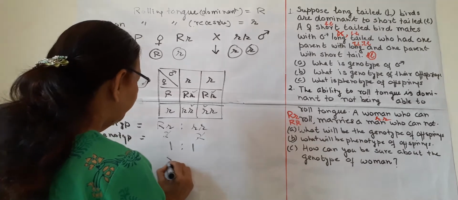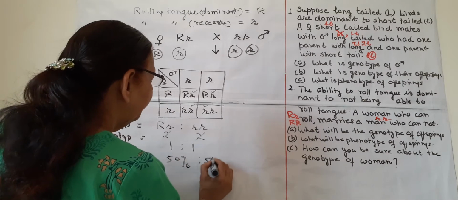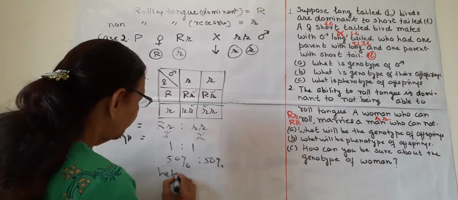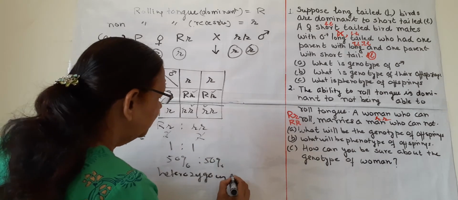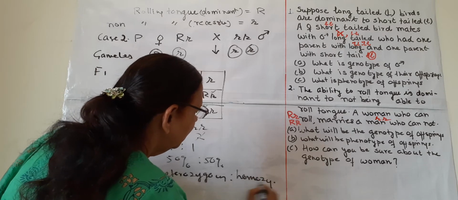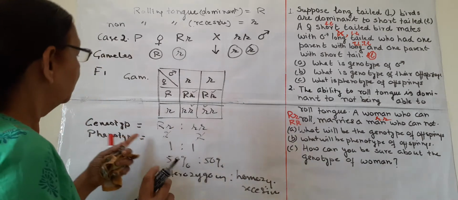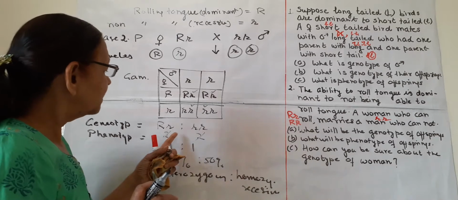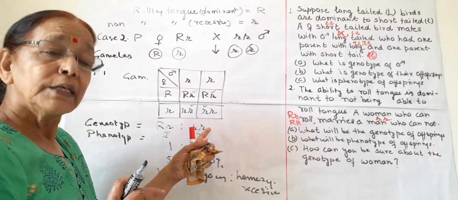Or 50% into 50%. What is this 50-50? This 50 is heterozygous and this 50 is homozygous recessive. So the genotype is 50% heterozygous, capital R, small r, and 50% homozygous recessive, small r.